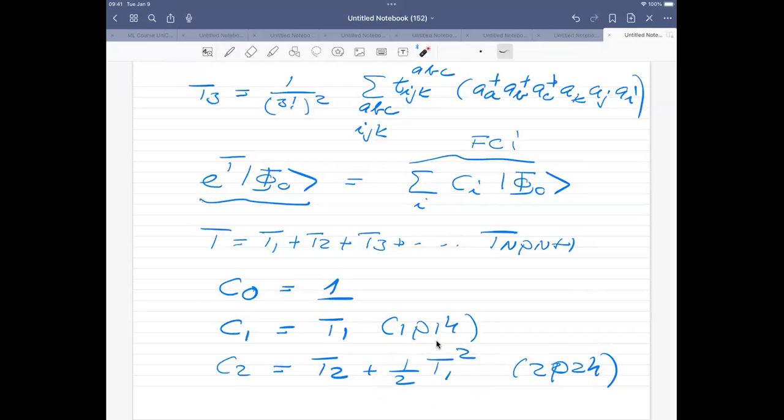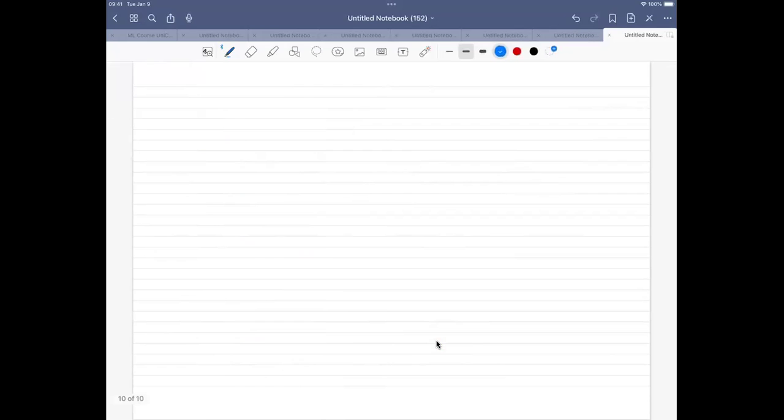If we look at these operators in a diagrammatic way, and we stop at the C2 level, C2 here contains T2 plus 1/2 times T1 squared. The T1 operator, when we write it diagrammatically, is going to look something like this.